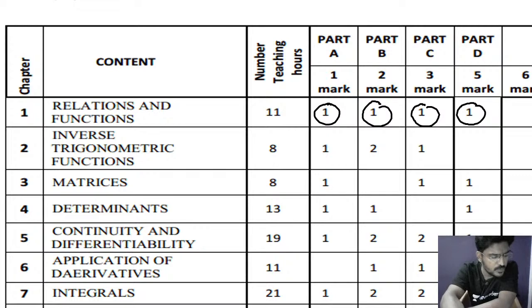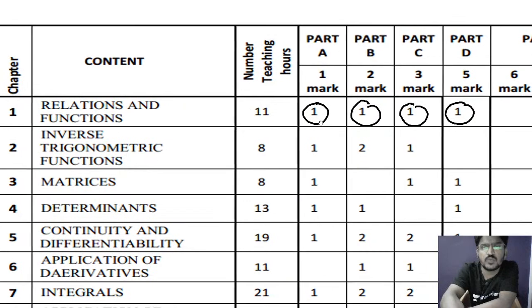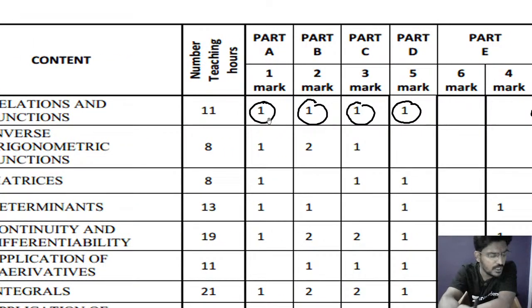So here in this blueprint, you can see this 1 mark question is going to be very important, because if you know how to solve the 1 mark questions, then definitely you can solve the 3 mark and 5 mark questions. For the 1 mark, please go through all your definitions of reflexive relation, transitive relation and symmetric relation.